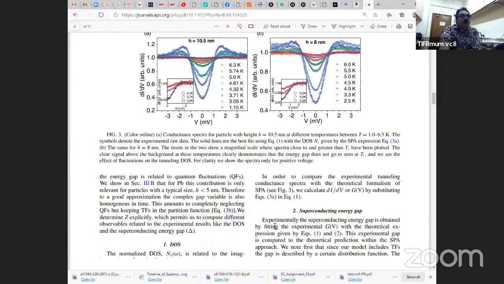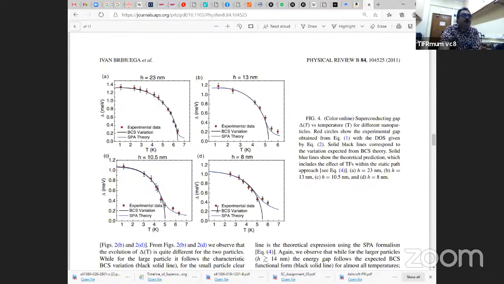You can see that the smaller you go in particle size, the larger this tail becomes. And this is actually one of the direct proofs of this fluctuation effect in superconductors. So this is what happens at a slightly larger size.